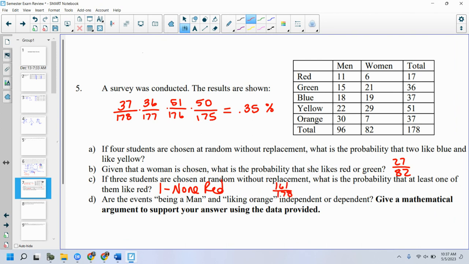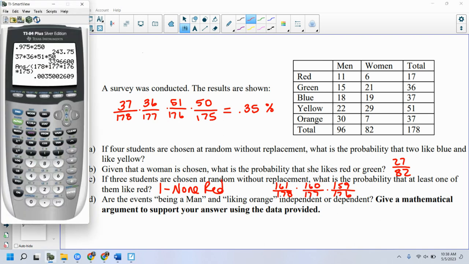But that's 1, right? Let's go with 3. Follow me? That's 3 of them. So 161 times 160 times 159 divided by 178 times 177 times 176.